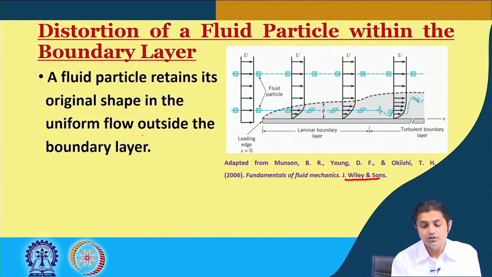That is very true, because outside the boundary layer there are no effects, and the fluid particle above the boundary layer moves in this direction with no problem at all, because all the points will have equal velocities, right.